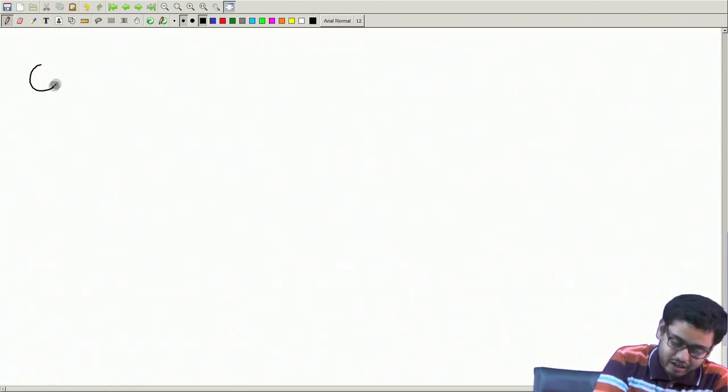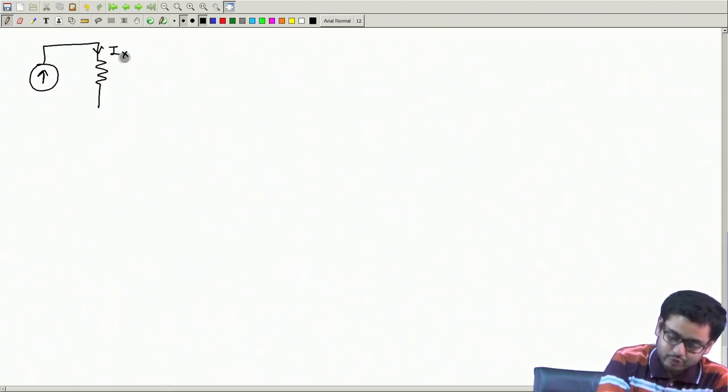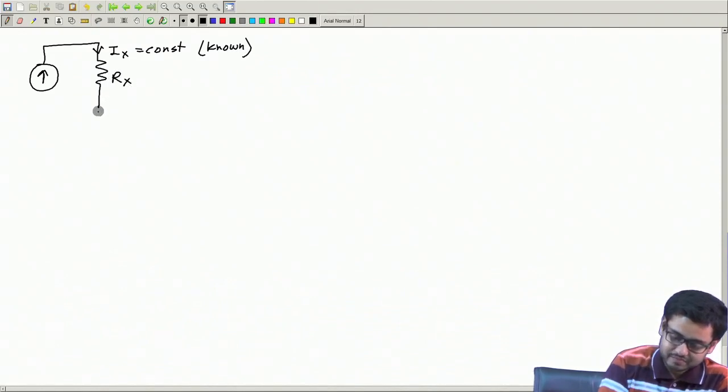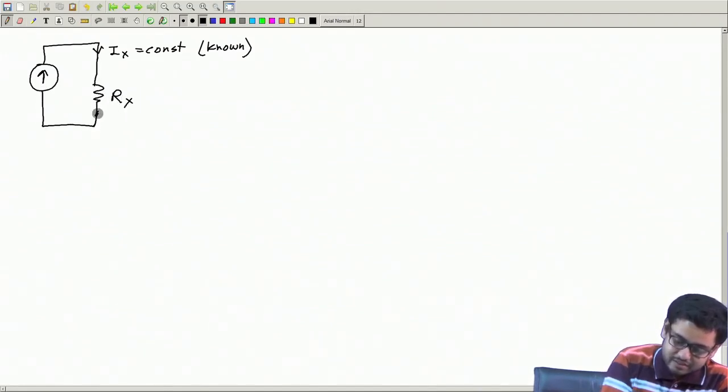I will take a constant current source. This Ix will be constant and known, of course. This is my Rx, let me draw it slightly down, and then I measure this voltage with a voltmeter.